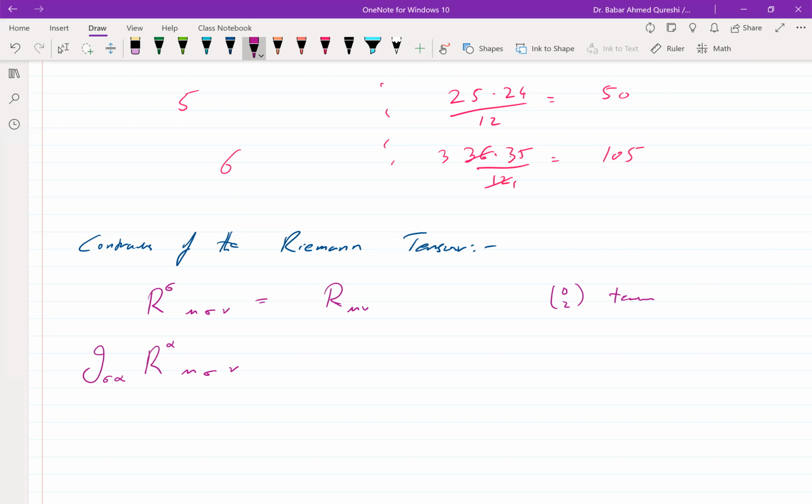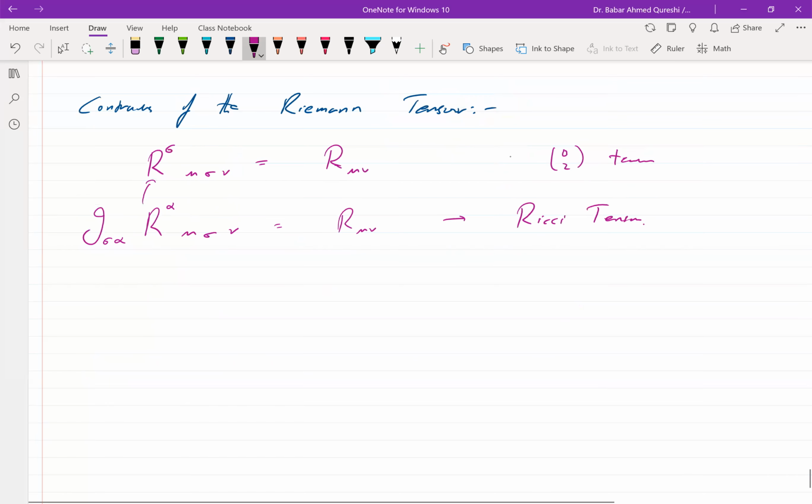This is the operation which I have done. This is the contraction, and gives you R mu nu, because sigma and alpha are both summed over. This guy is called the Ricci tensor. Then again, you can raise this index and contract it.